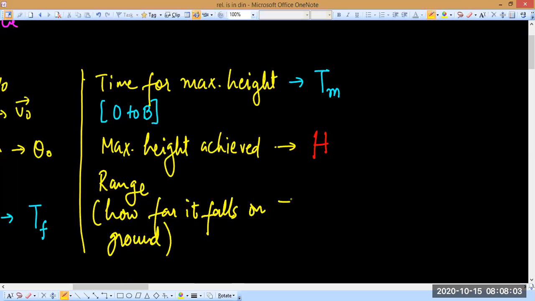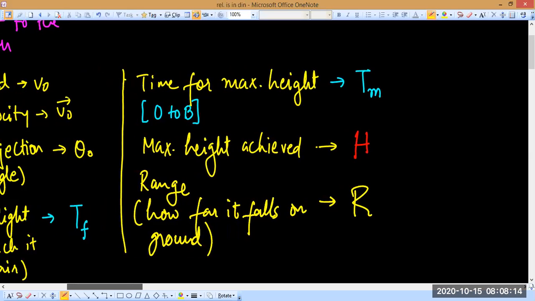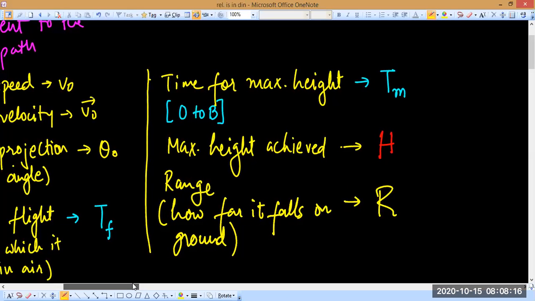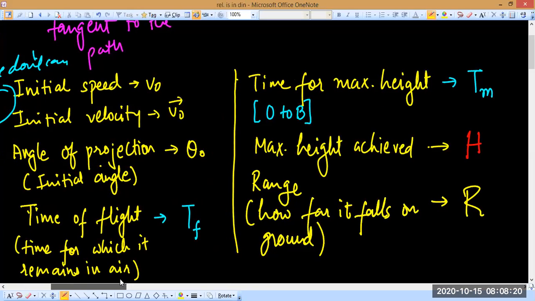So it's called range R. All right, so these are the basic terms that are important for all of you.